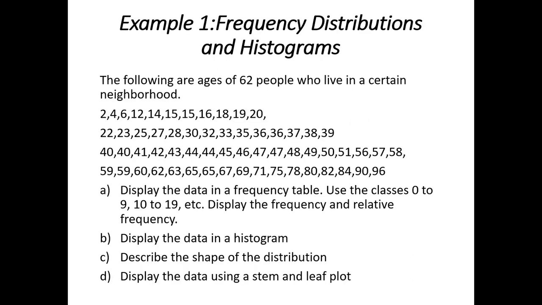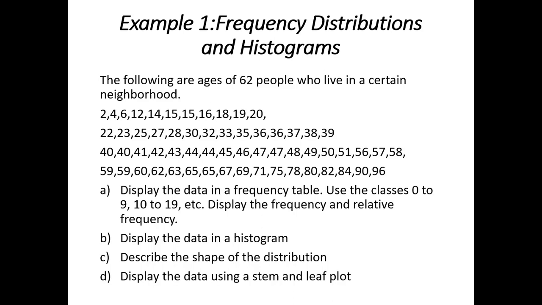Okay, so in this first example, we're going to go over exercise 1 from Ott's textbook. We're given ages of 62 people who live in a certain neighborhood. A little bit long of a data set, but it's still manageable. And we're asked to display the data in a frequency table.